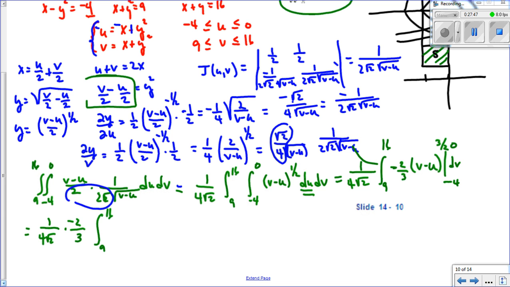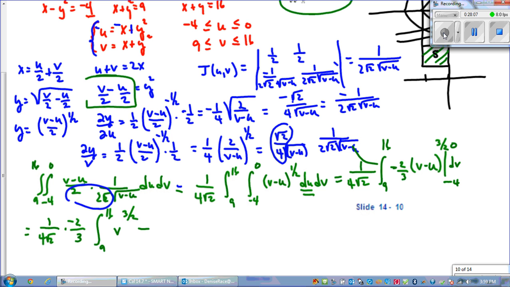Okay, putting 0 in for the u, we would have v to the 3/2 and then minus, for -4, we would have (v plus 4) to the 3/2.